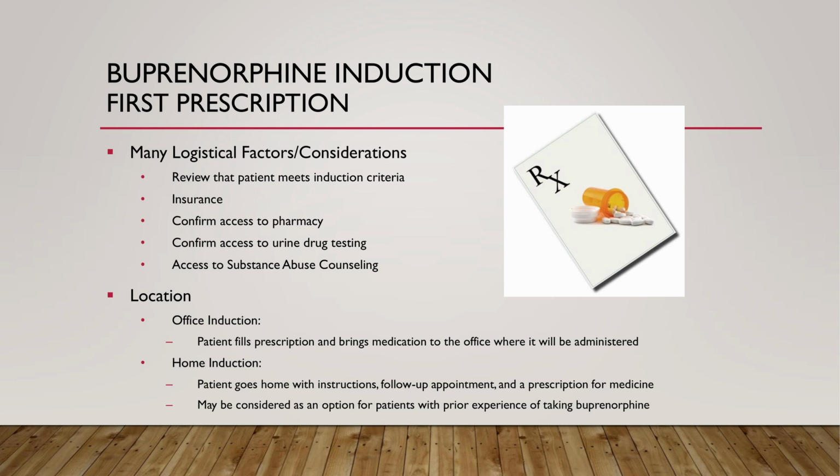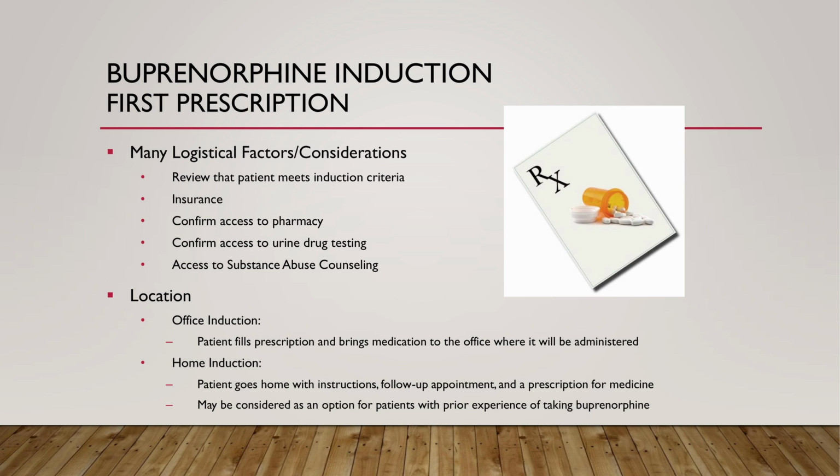So before you start to prescribe buprenorphine in your practice, it's important to have a number of logistical things in place, which most of the time, if you're practicing primary care, you probably already have. But it's important to make sure that you have that in place before you start prescribing buprenorphine. Some of those things I'm sure most people have is point of care urine drug testing.